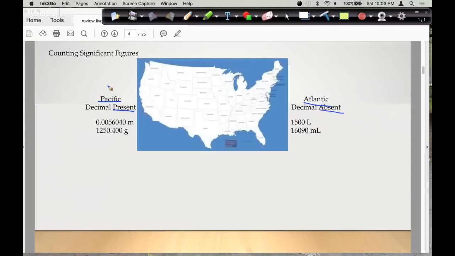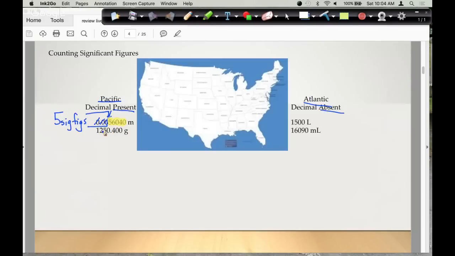We said that if you have a decimal present, all of the zeros that come before the first number that's not a zero are in the Pacific Ocean, and although they need to be there for the value of the number, are not considered significant figures. So for this value, the significant figures are the 5, the 6, the 0, the 4, and the 0. That would be 1, 2, 3, 4, 5 significant figures in this measurement.